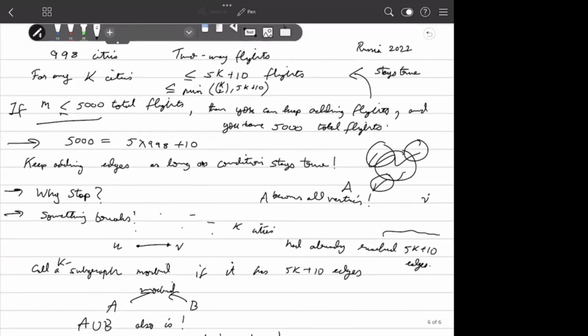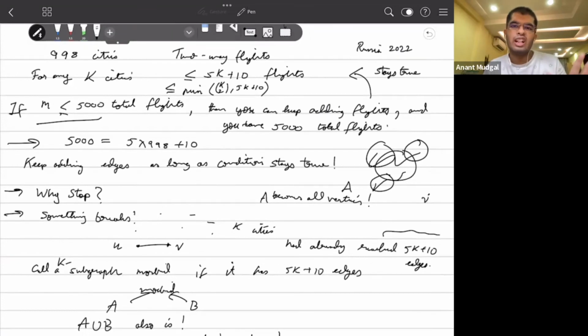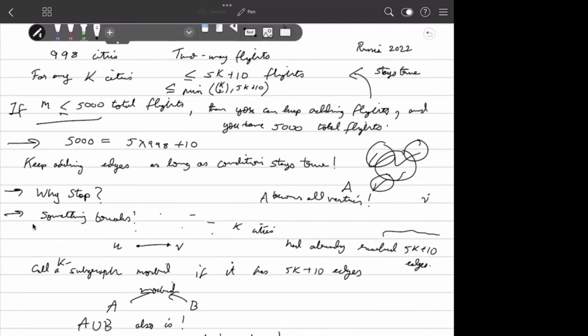Okay, so firstly, the idea is that you keep adding edges till you no longer can. So this is by the way a sketch. There are a few more details you should probably check, but the idea is that you keep adding edges till you no longer can, and then you ask yourself, why can't you add more edges? And it turns out that if you add a new edge, it'll have to break something, right? Otherwise, you can always add it by your assumption.